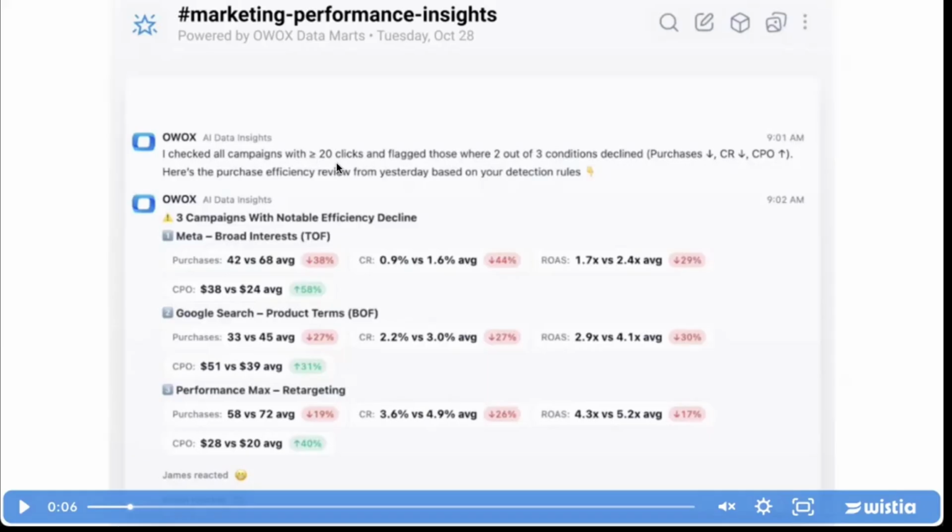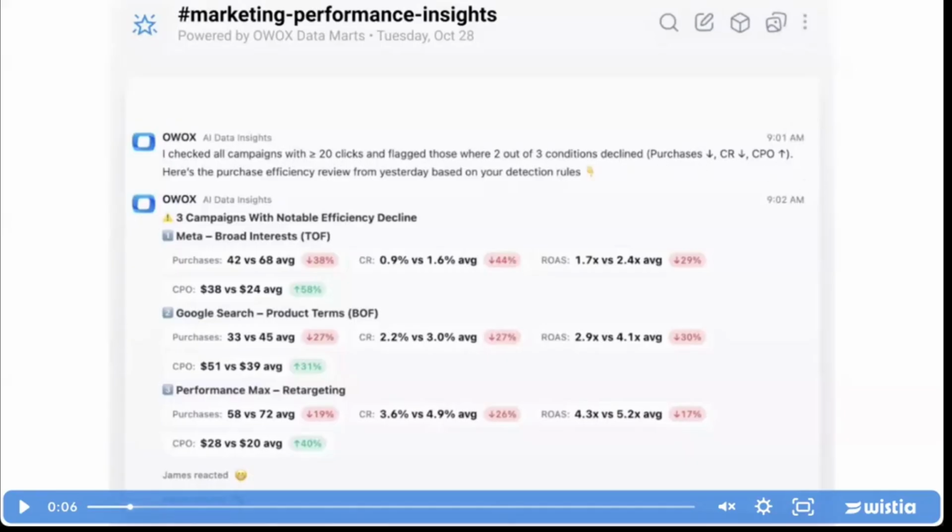For example, if I ask the prompt to just bring me the campaigns which have a ROAS drop, it might bring me campaigns somewhere in the long tail of my campaigns. So we are trying to limit this with clicks or with the top spending campaigns, to focus on the key campaigns that don't work as we expect them in terms of purchases, conversion rate, CPO, and ROAS.